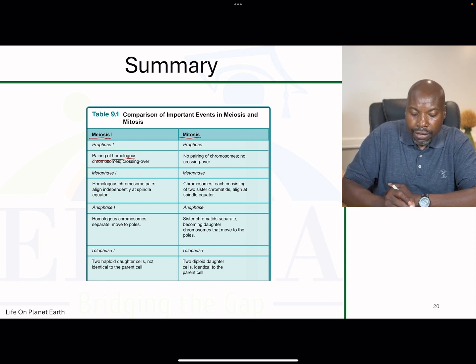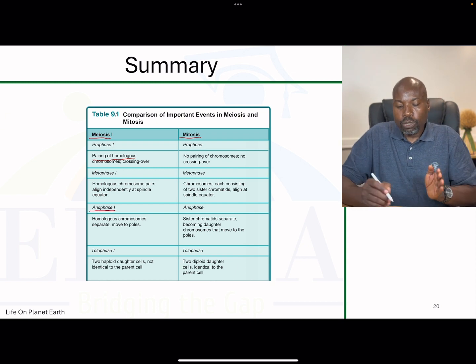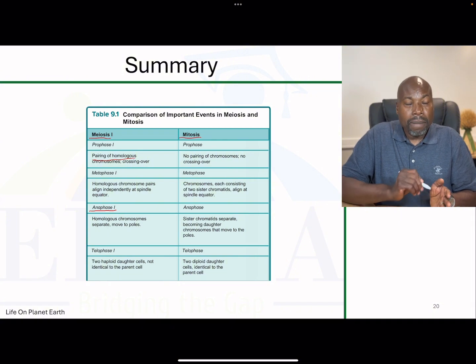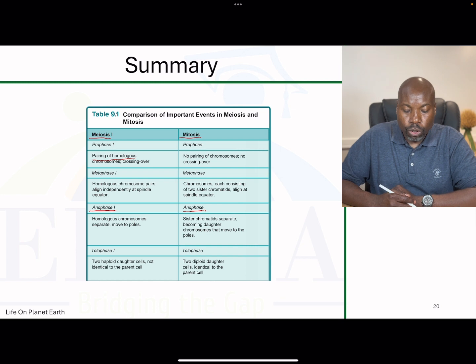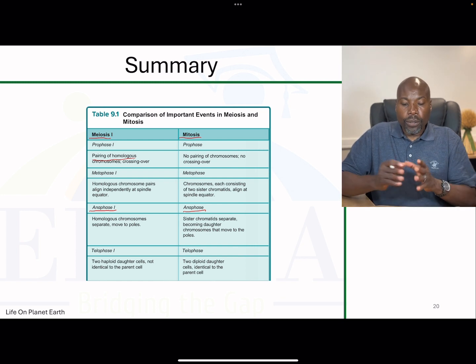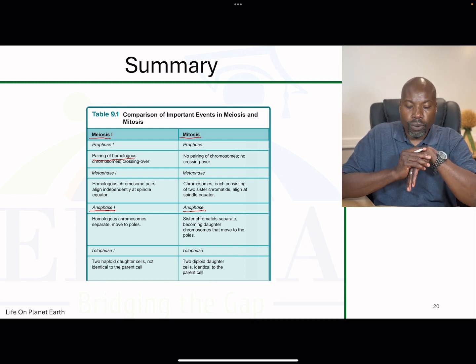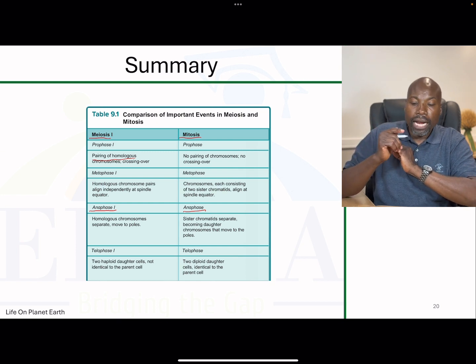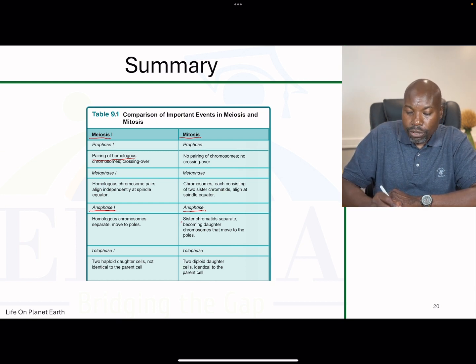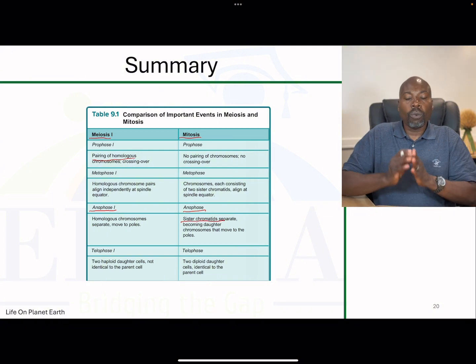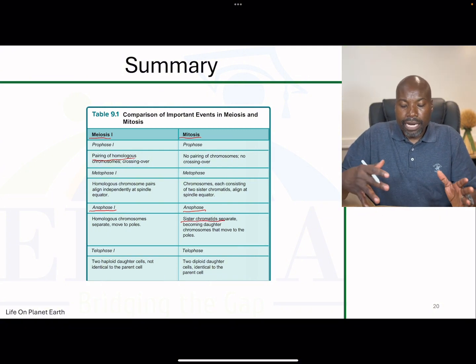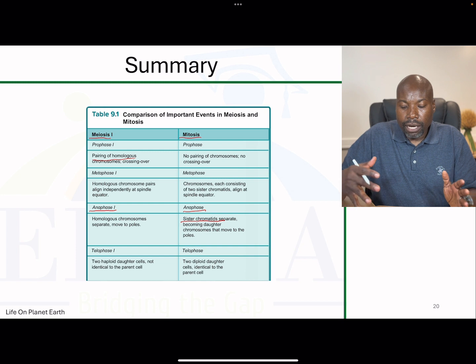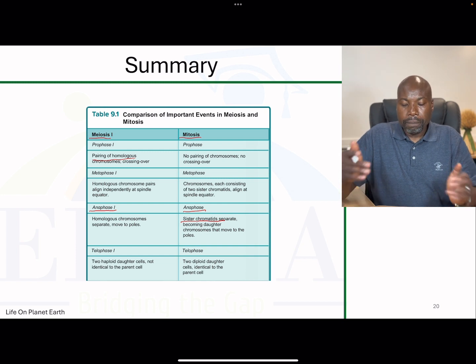Then we have anaphase 1 for meiosis 1 and anaphase in mitosis. Homologous chromosomes migrate toward opposite directions, causing the cells to become haploid, while in mitosis the sister chromatids separate into two opposite directions.